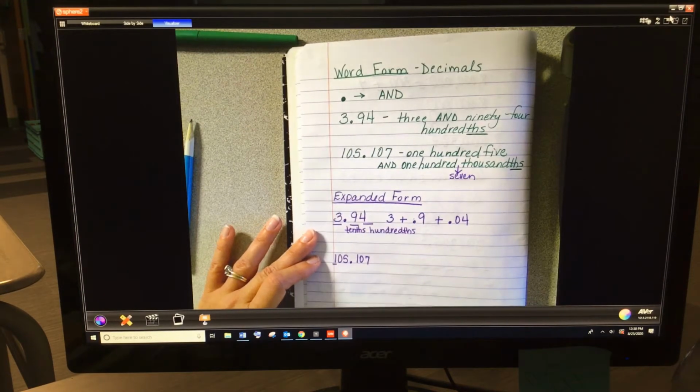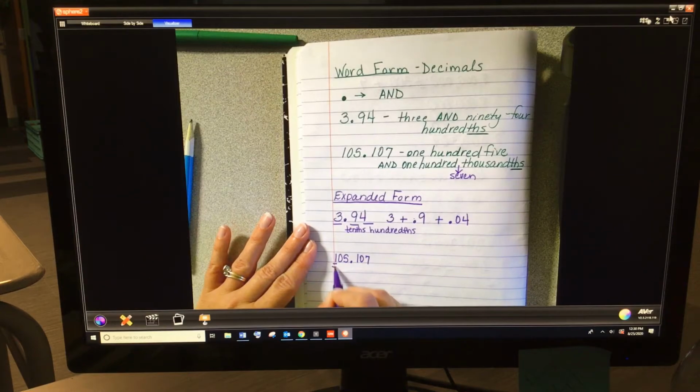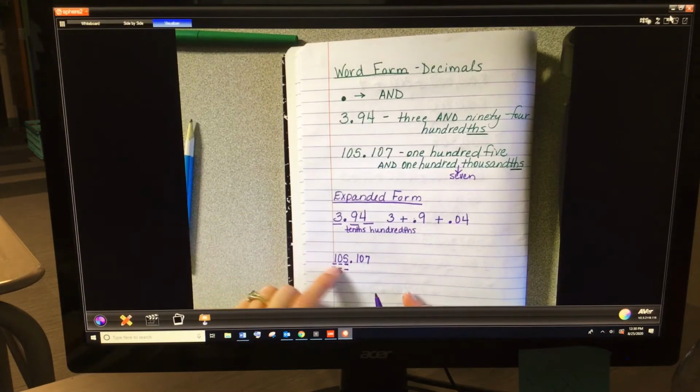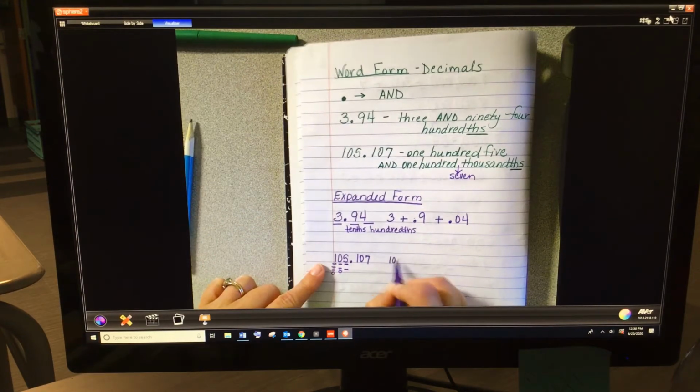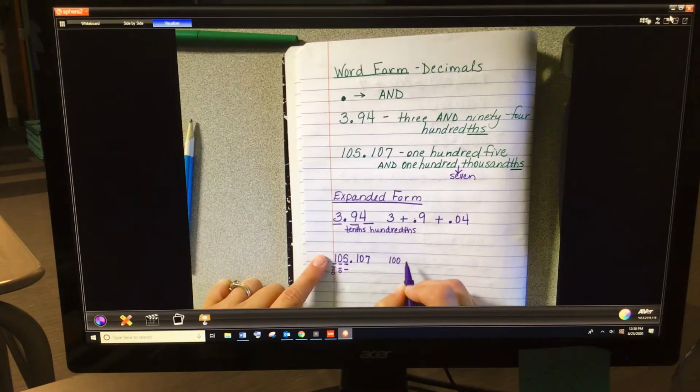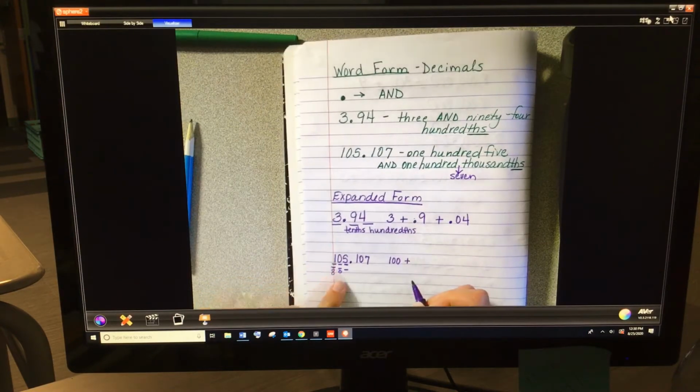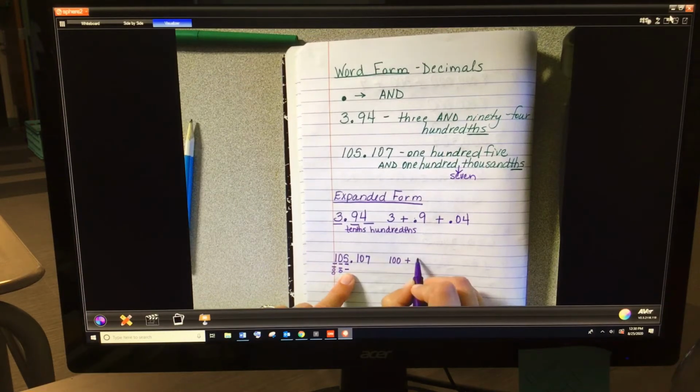What place value is this one in? It's in the hundredths. What place value is the 0 in? It's in the tens. What place value is the 5 in? It's in the ones. So we have 100. So we have 100 plus, do we have any tens? No. We have plus 5 ones.